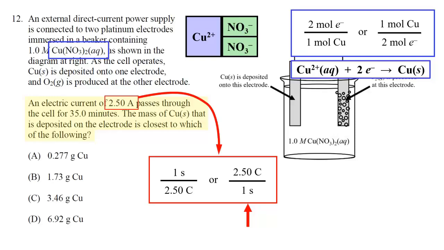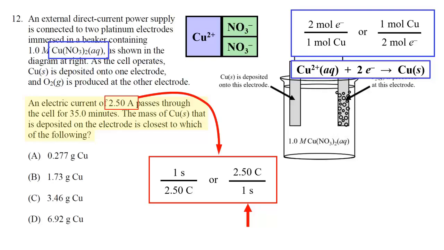So that means that for every 1 mole of copper solid that is formed in this experiment, that would be 2 moles of electrons. I don't know necessarily if I'm going to put 2 moles of electrons on top and 1 mole of copper on the bottom, or if it's going to be upside down, 1 mole of copper on the top and 2 moles of electrons on the bottom, but we'll go ahead and wait and see how that works out.